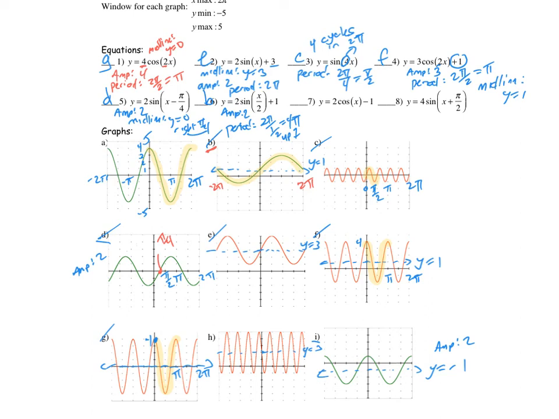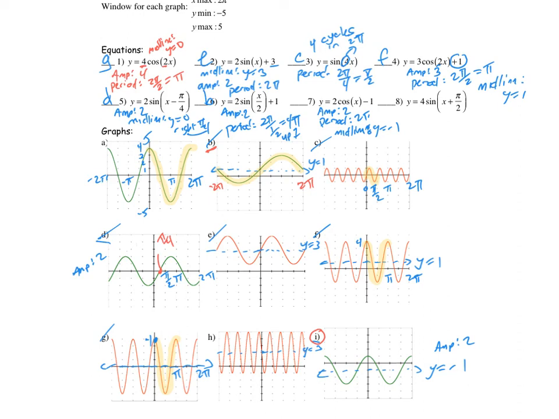Okay, number 7, 2 cosine x minus 1. So this has an amplitude of 2. The period is unchanged, 2 pi, and a midline at y equals negative 1. So let's look for graphs that are left that have midlines at y equals negative 1. So I see I is left. Is that my only option? I think so.